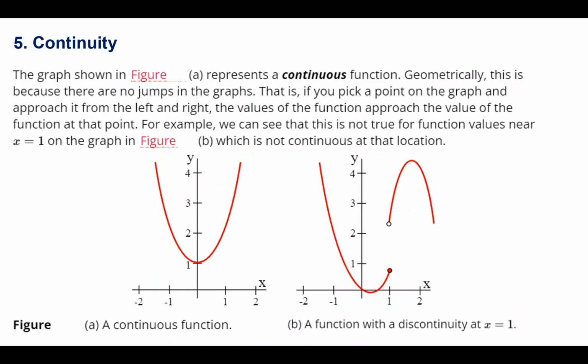That is, if you pick a point on the graph and approach it from the left and right, the values of this function approach the value of the function at that point. For example, you can see that this is not true for the function values near x equals 1 on the graph in figure 2, which is not continuous at that location.